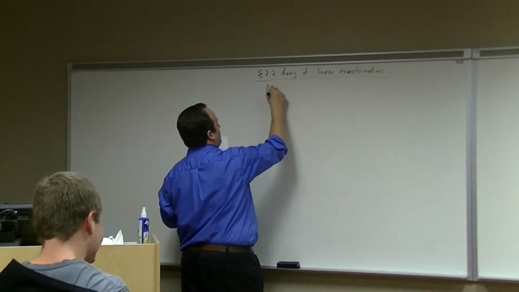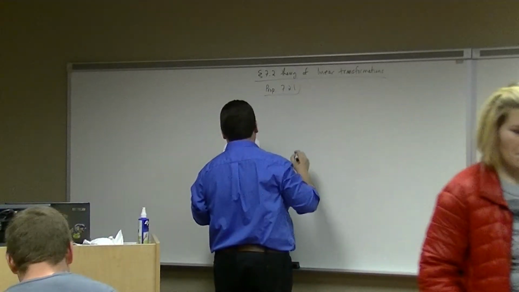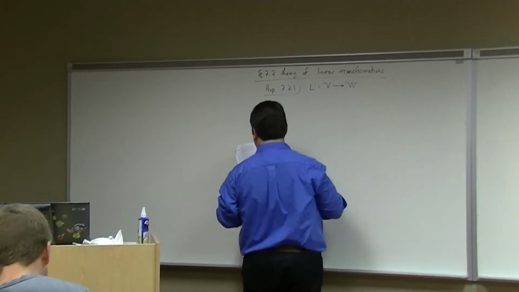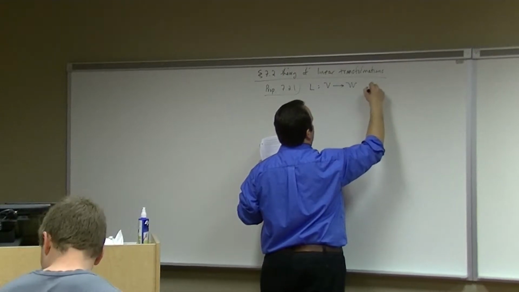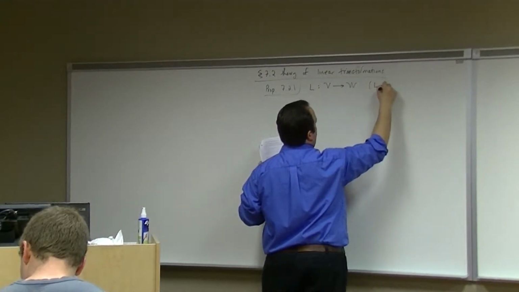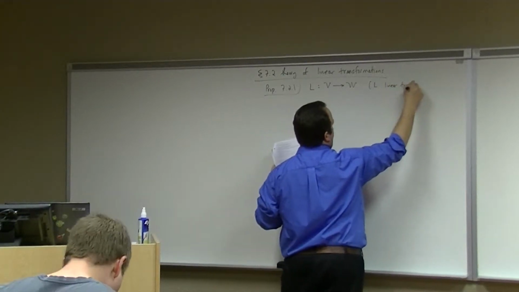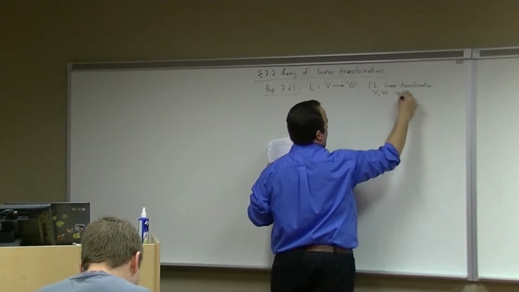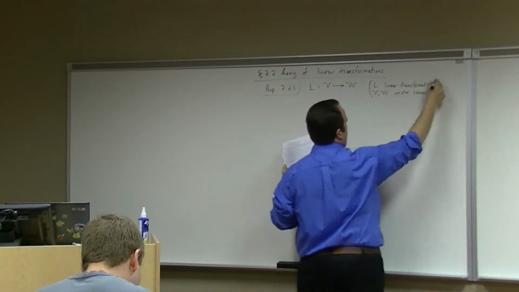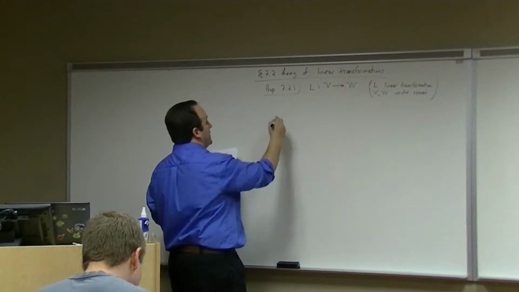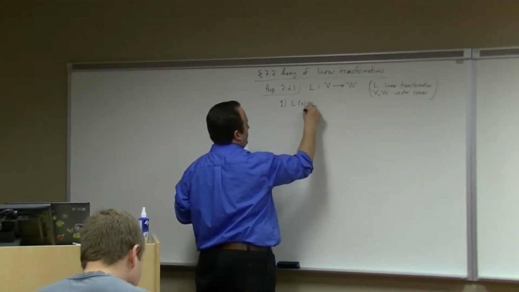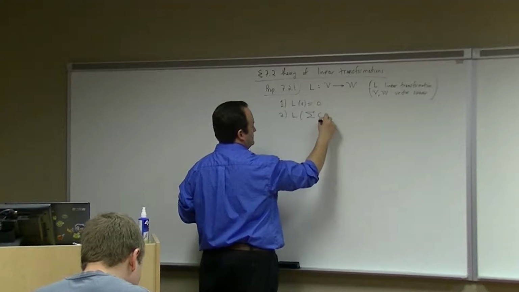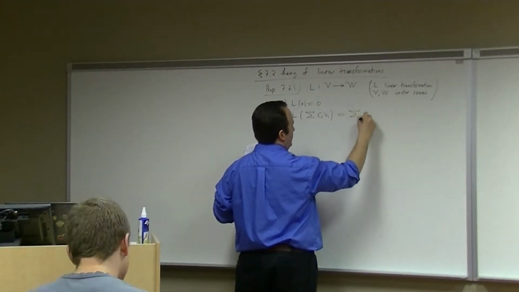So, proposition 7.2.1. Let L be a linear transformation from vector space V to vector space W. Then, 1, L of 0 is equal to 0. 2, L of a linear combination is equal to the linear combination of the images.